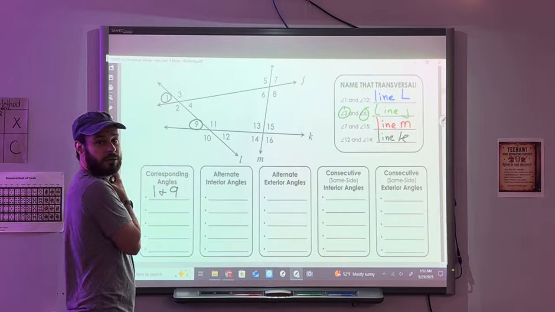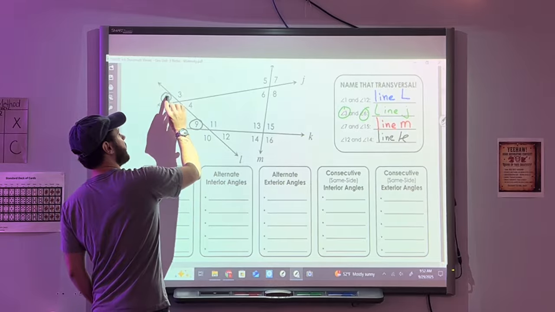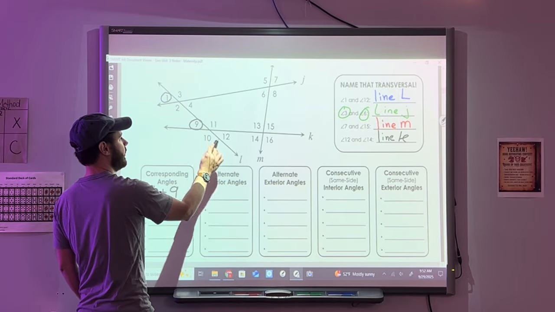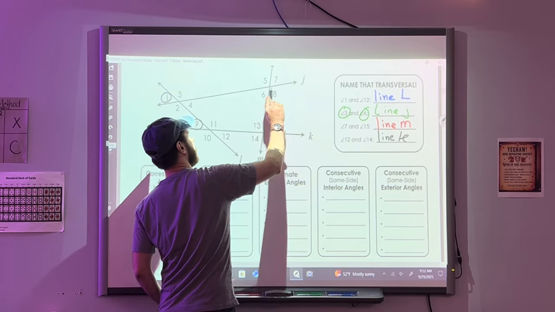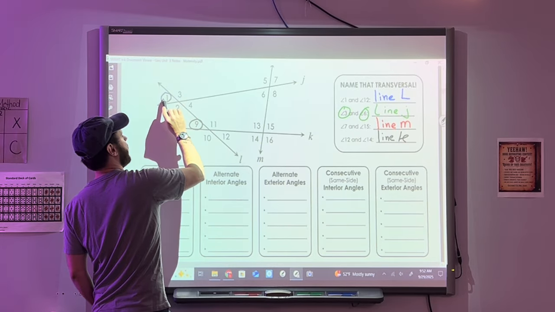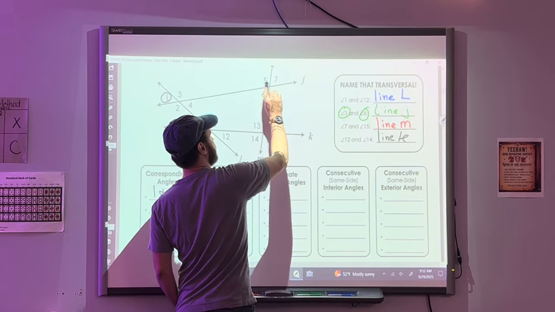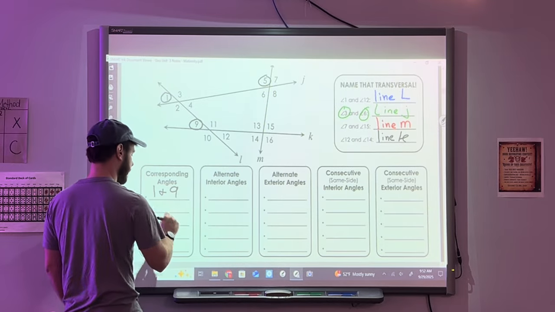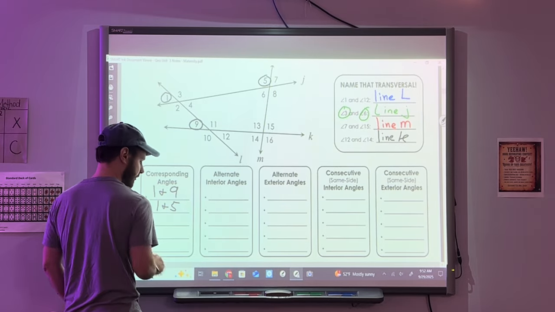But I could keep going. Instead of going down to this one here, I can go over to this one. Again, this is in the top left, so if I go over here, the top left would be 5. 1 and 5.